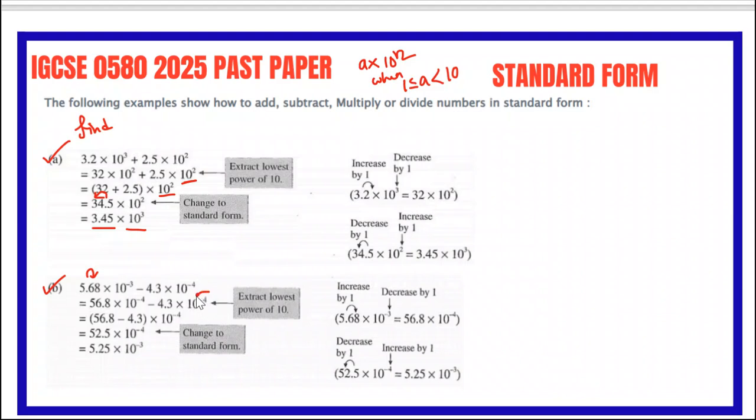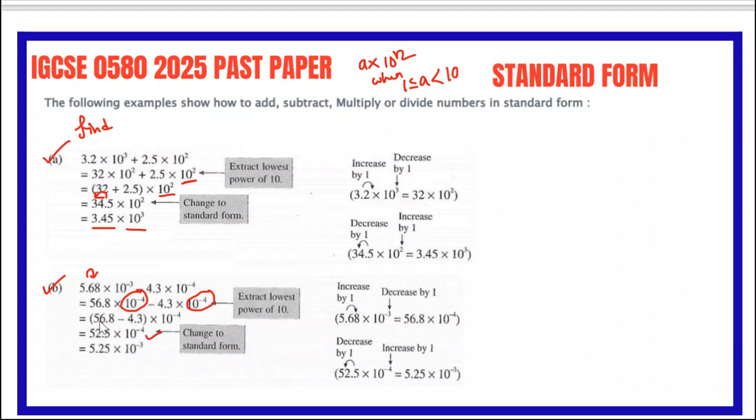After that, we take 10 to the power of negative 4 common. So in brackets we can write 56.8 minus 4.3, times 10 to the power of minus 4. If you subtract, we get 52.5 times 10 to the power of minus 4. Now this number is not in standard form, so we have to convert it.